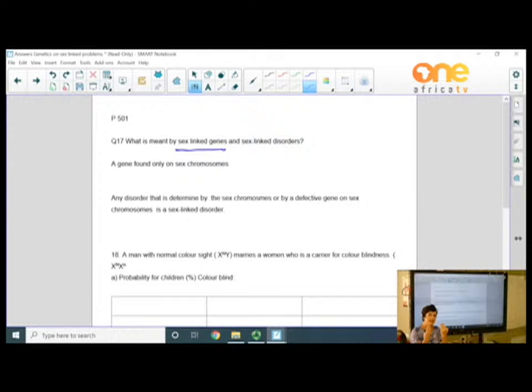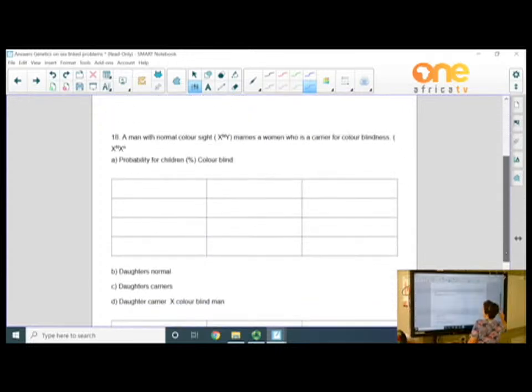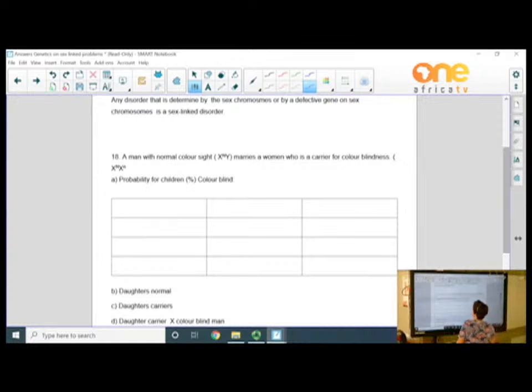If a female has one of the dominant and one of the recessive, she's a carrier. Okay, right. Any disorder that is determined by the sex chromosome or by a defective gene on a sex chromosome is a sex-linked disorder.